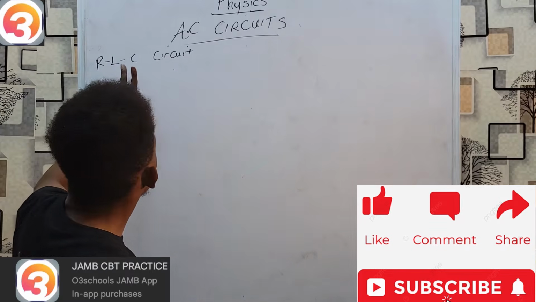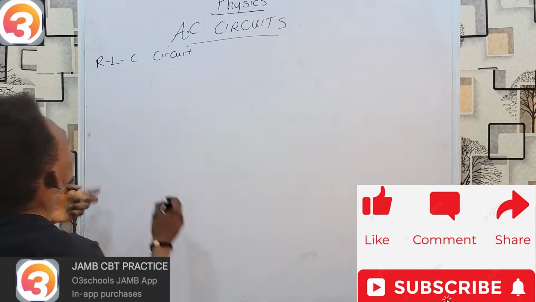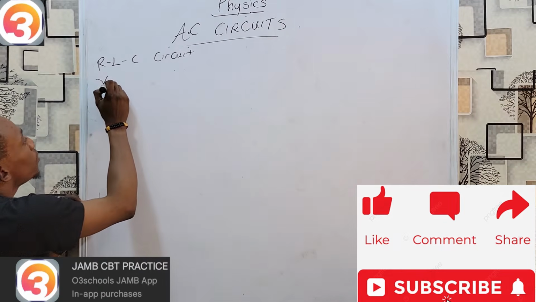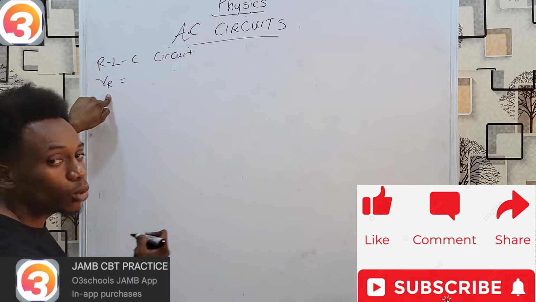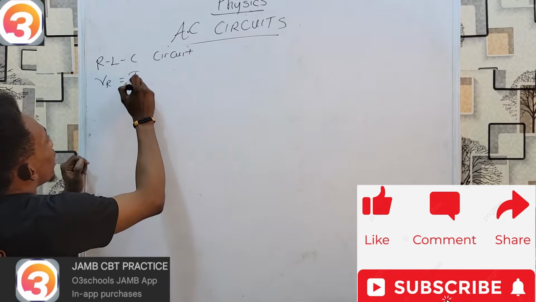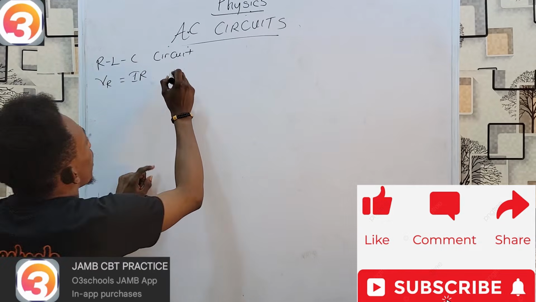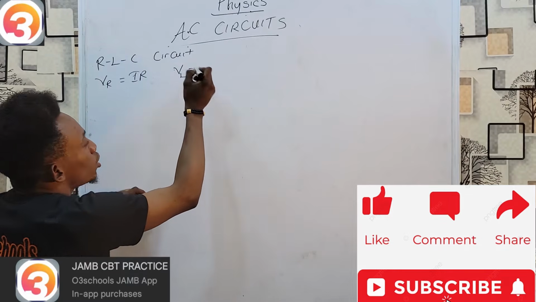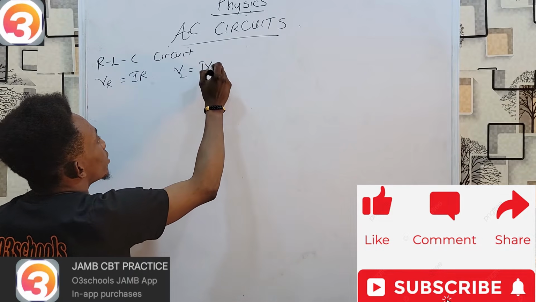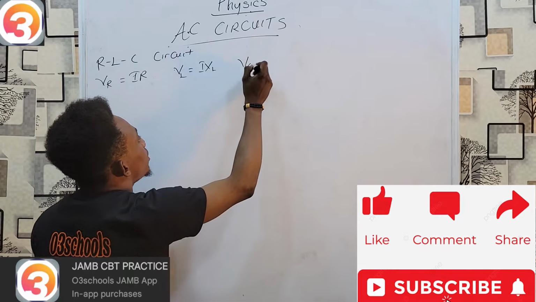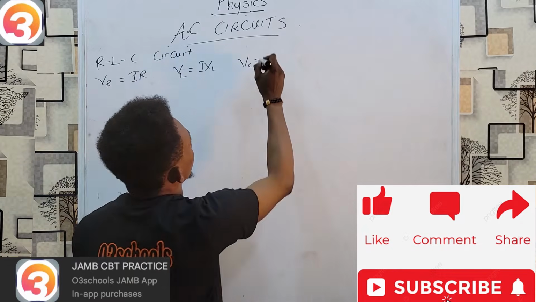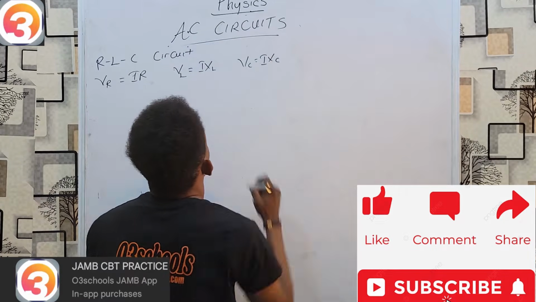a resistor, inductor, and capacitor, then we shall have VR, that's the voltage across the resistor, equals IR. We shall have VL, voltage across the inductor, is IXL. And we shall have that VC, which is the voltage across the capacitor, is IXC.